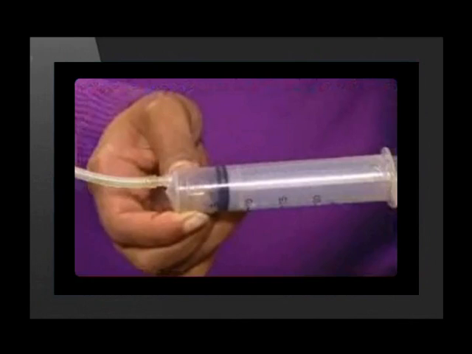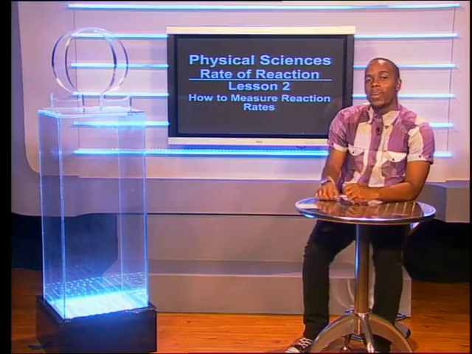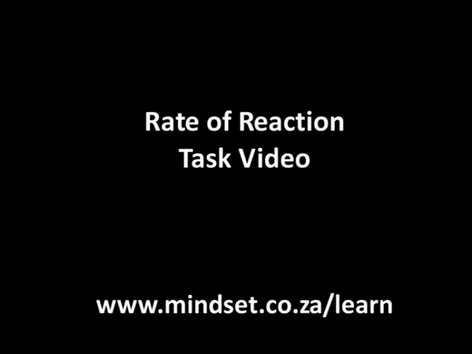Amira also showed several other quantitative or measuring methods, using volume in a reaction that produces a gas and mass of the reactant. To get to grips with all of this, I suggest you try some of the questions in the rate of reaction task video.